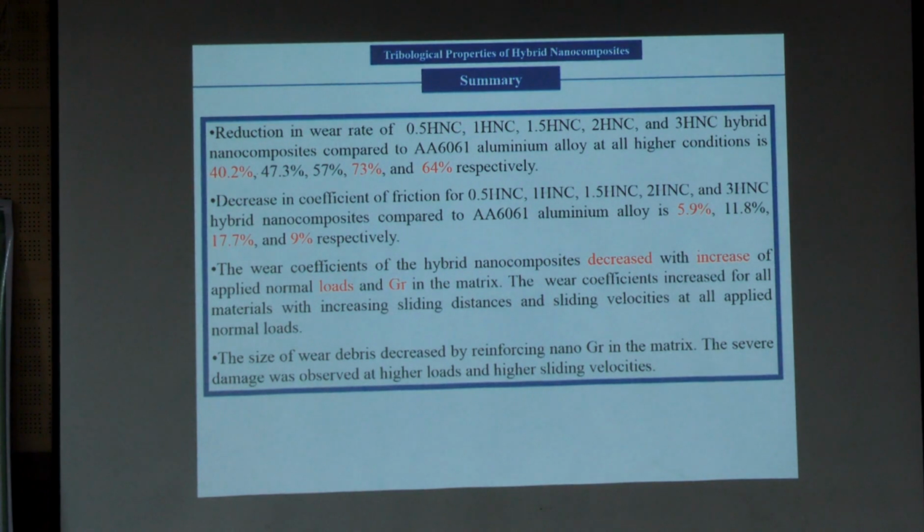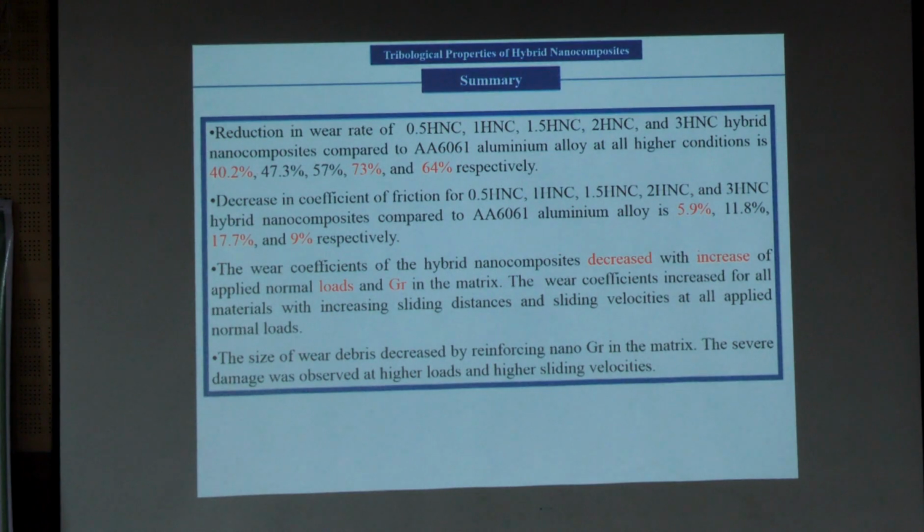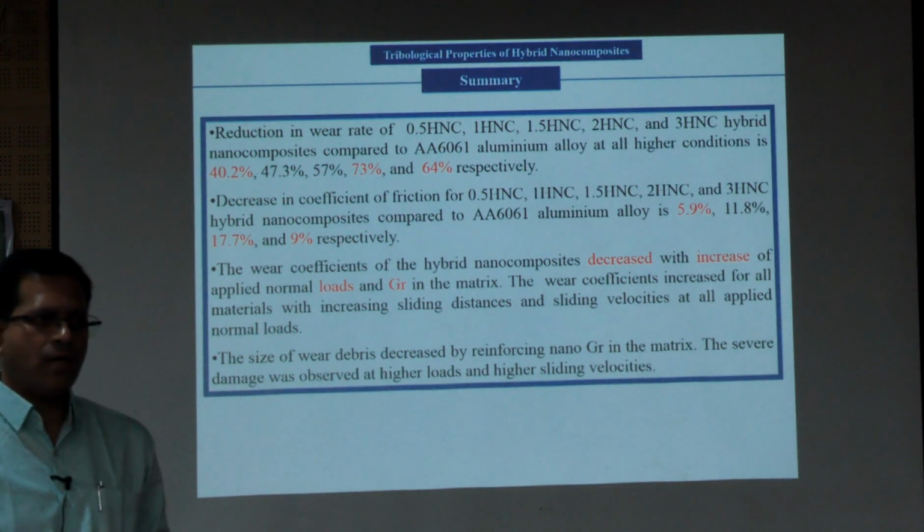Then we have to mix them and select the proper synthesis methodology, or fabrication technique, because all fabrication techniques may not be suitable for all materials, depending on the size, the shape, etc. Then at different nanoparticle percentages, different sizes and different shapes of nanoparticles, we have to test where we are getting better mechanical properties and better tribological properties.